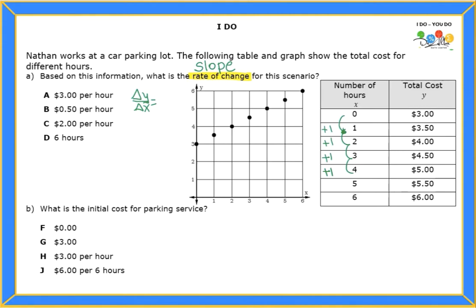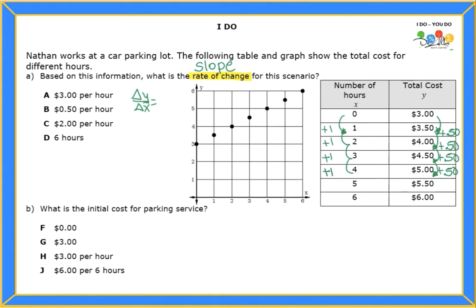What about the y? How do I go from 3 to 3.50? Well, I'm adding 0.50. How about from 3.50 to 4? I'm still adding 0.50. How about the next one? I'm still adding 0.50, and to go to the next one, I'm still adding 0.50.